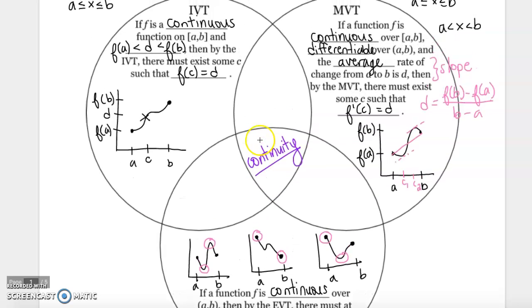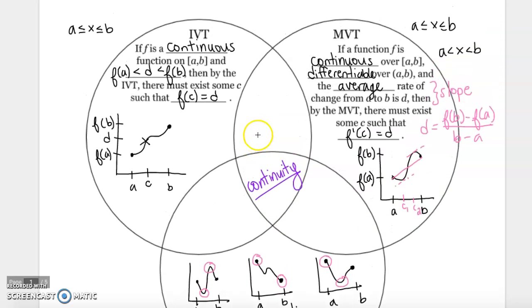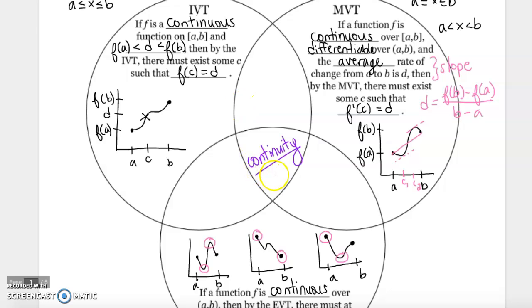Okay, and then they all at some point deal with a regular or original function. So they have to deal with f. Now there are some places where they differ. For example, IVT and EVT don't necessarily need to have a derivative involved.